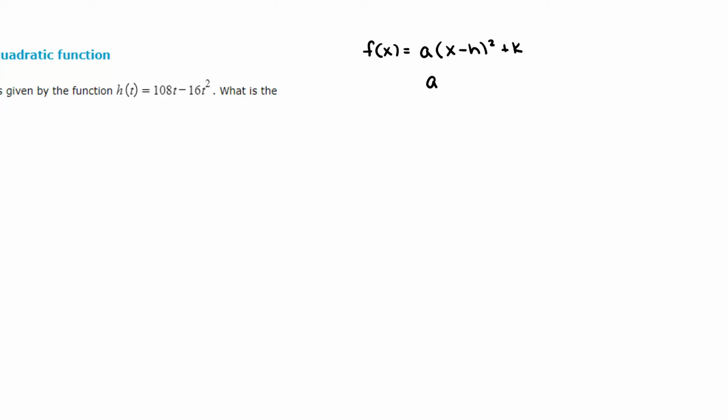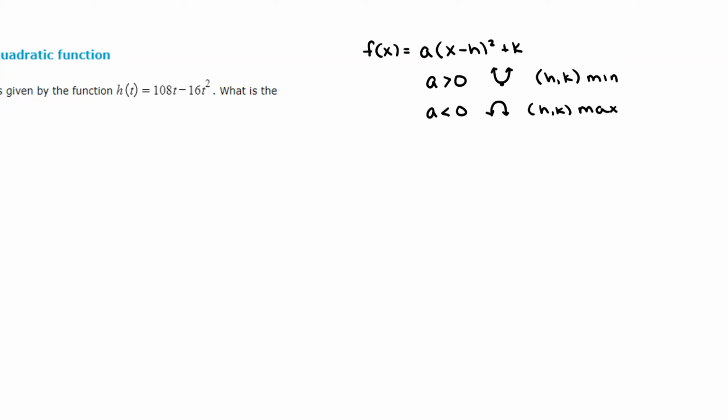And if a is positive, your graph is opening up, and (h, k) is a minimum value because (h, k) is the vertex, so it would be the lowest value. If a is negative, then your picture will be opening down, so (h, k) will be the highest point or the maximum.